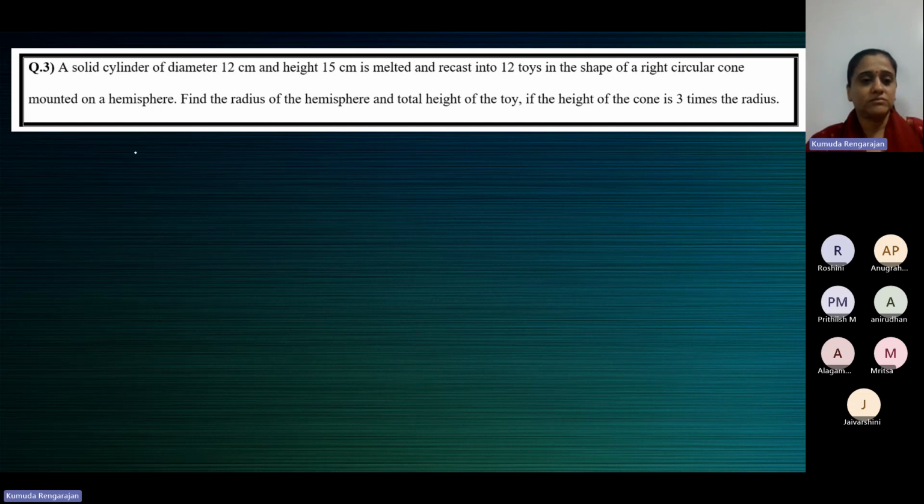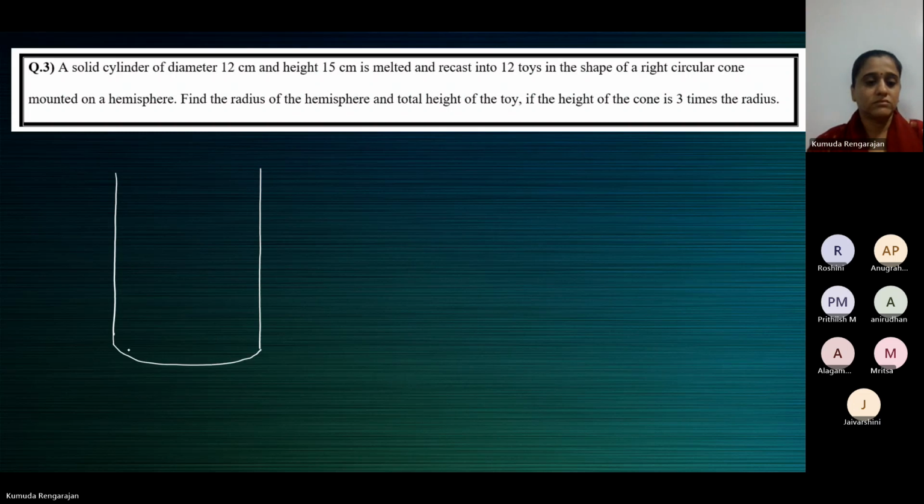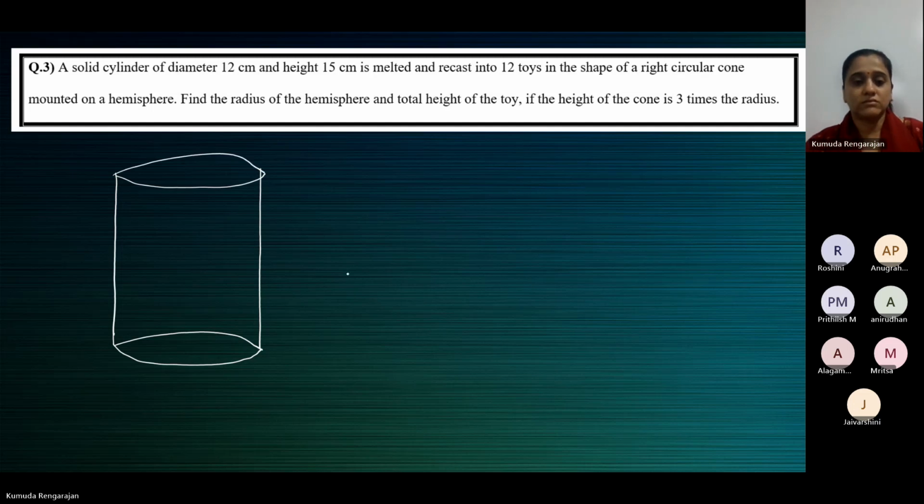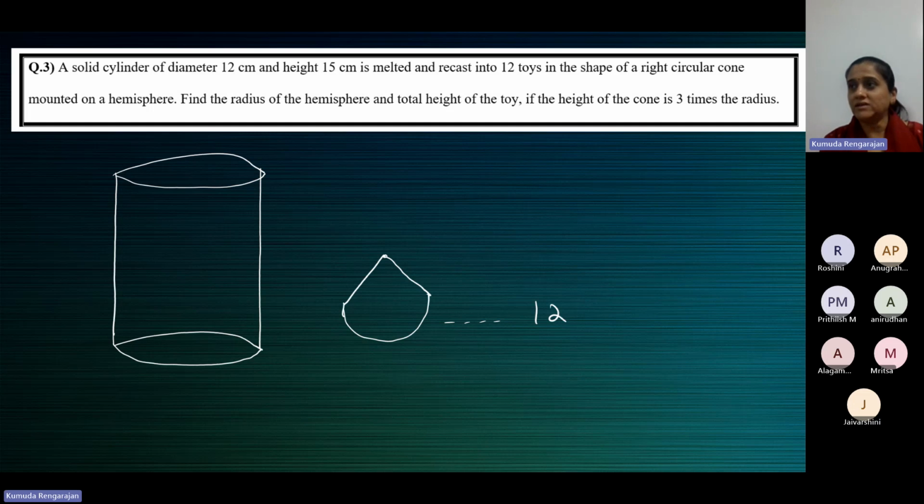So a solid cylinder like this. The solid cylinder is melted and recast into 12 toys. 12 identical toys in the shape of a right circular cone mounted on a hemisphere, the cone is on a hemisphere.